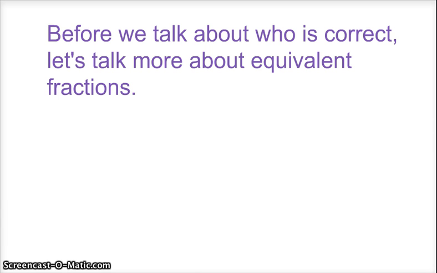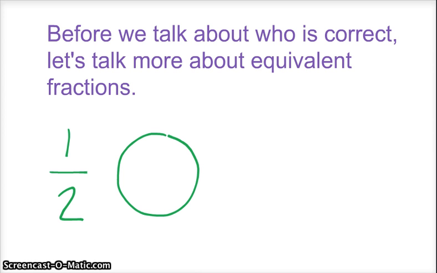Now, before we talk about who is correct in the problem, let's talk more about equivalent fractions. So let's start with the fraction 1/2. In order to change this fraction, let's look at this pie chart first. We have 1/2.